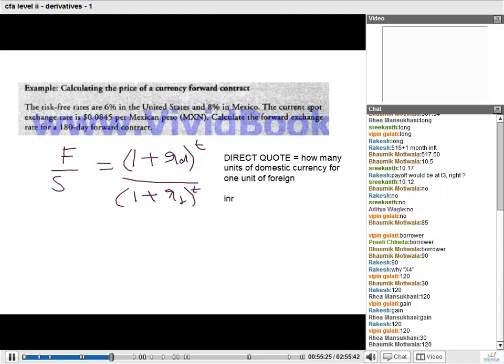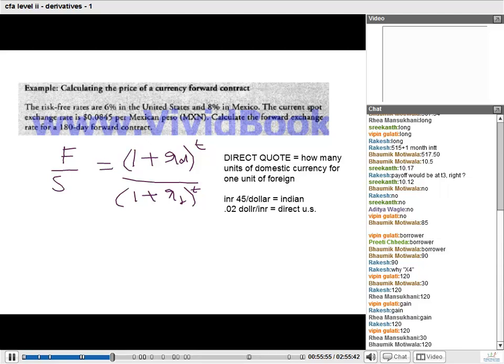So INR 45 per dollar is a direct quote for Indians. $0.02 per INR is the same exchange rate, but will be the direct quote for a US citizen. So how much of the domestic currency do I need to pay for 1 unit of the foreign currency is called a direct quote. Study that better in the review on economics.